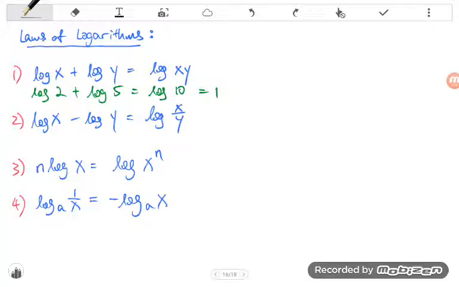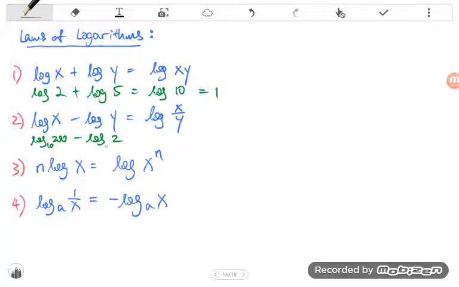Alright, so let's look at the second law. If I have log x minus log y, that would be log of x over y. So let's take a look at something like log 200 minus log 2.